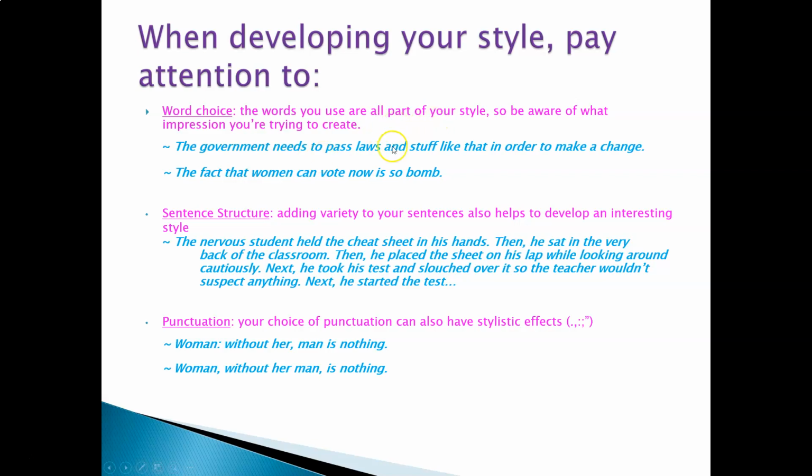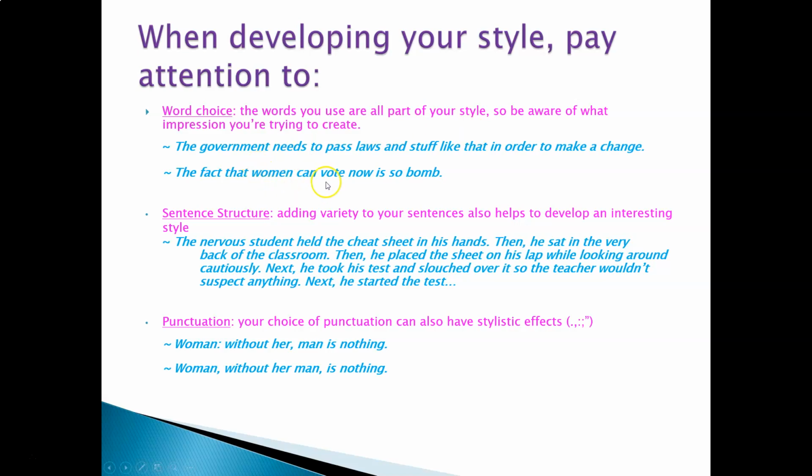Now notice that your vocabulary, using dead language, using imprecise language, using vague language, is going to be a reflection of your style. So this creates more of a distance between the reader and the writer. The reader is not able to relate to language that is imprecise.